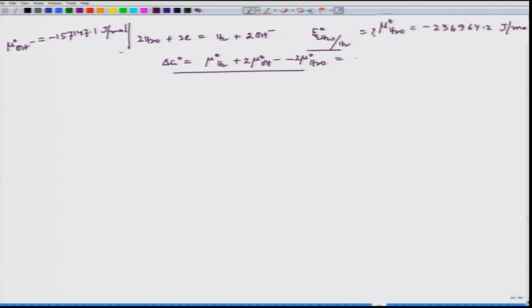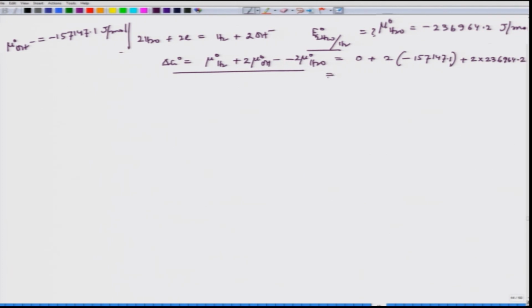So I can put those values, this is 0 plus 2 into minus 157,147.1 plus 2 into 236,964.2.